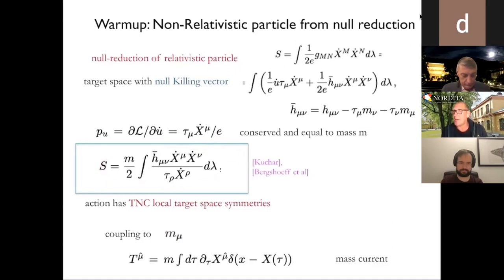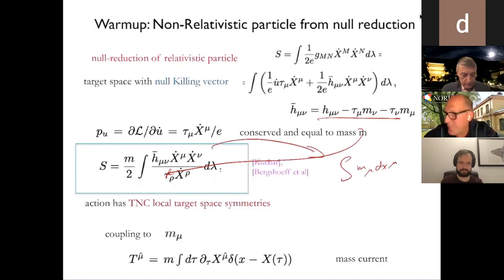So this is the action of a non-relativistic point particle of mass m, coupling to a Newton-Cartan geometry. What's maybe not so clear here, but if you insert this here, you see some coupling of roughly mu dx mu sitting in here.